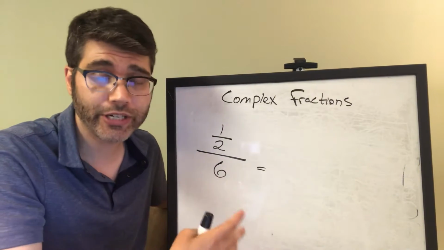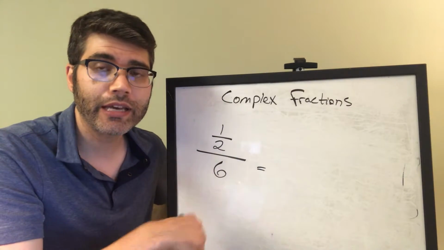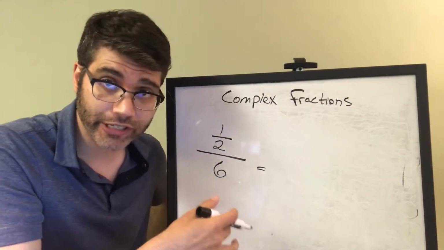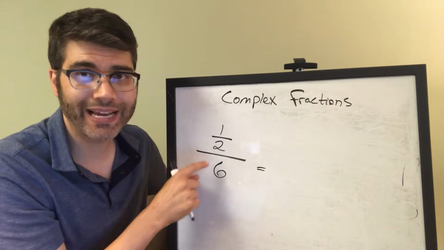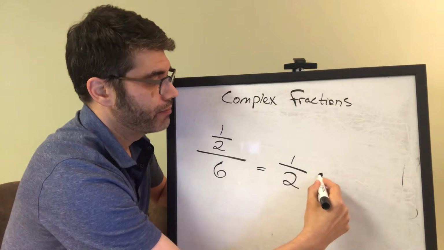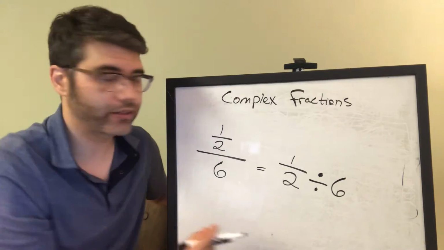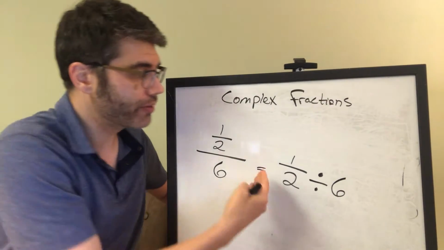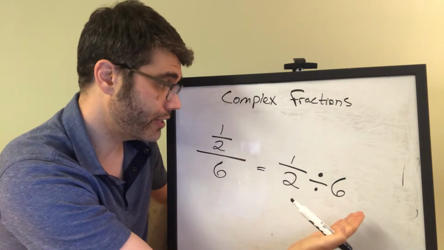So what operation is happening here? A fraction sign can be interpreted as a division symbol. So you would say this is like 1/2 being divided by 6. Okay? And so from here, what would the answer to this be?